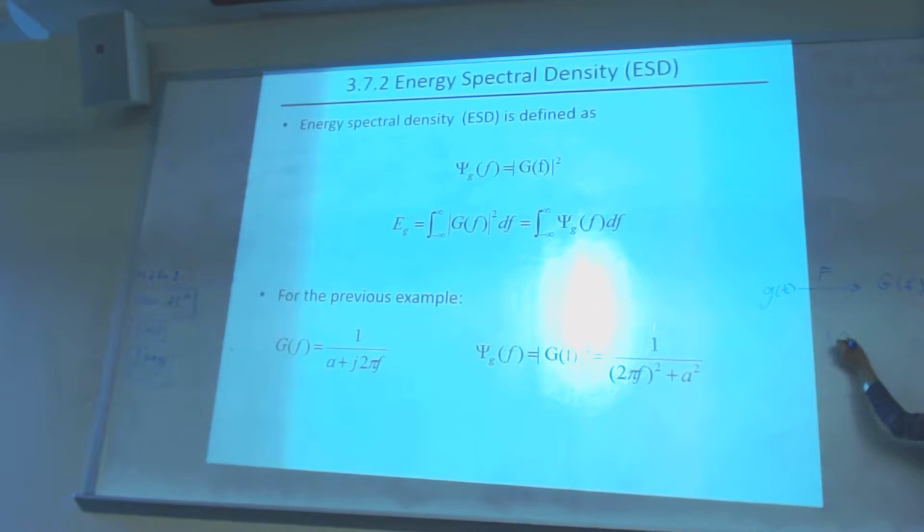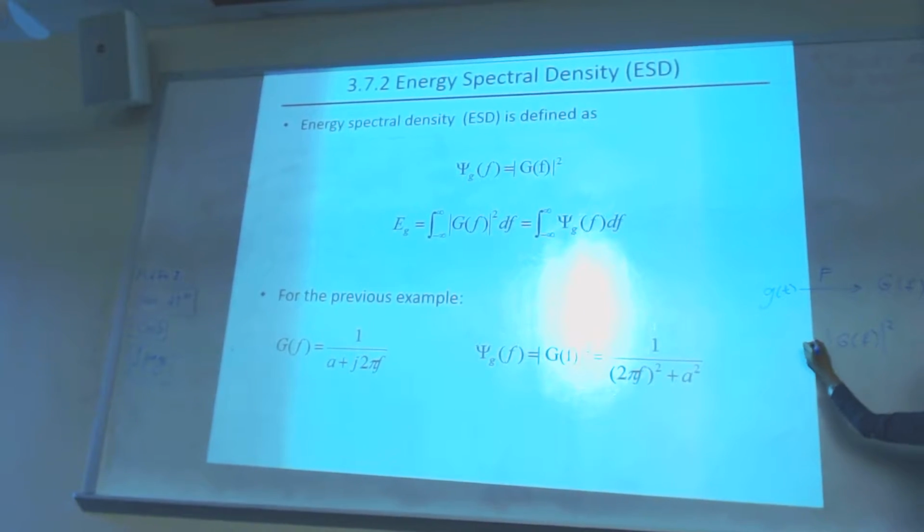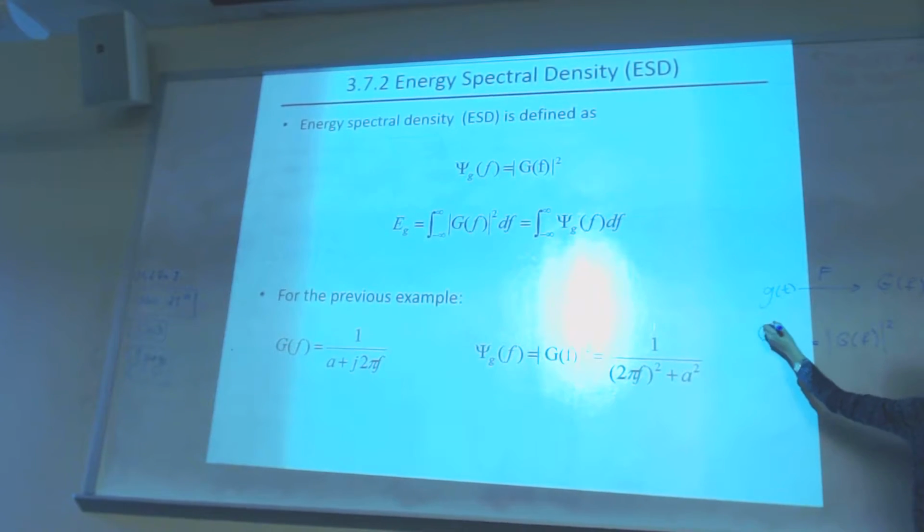Then just look at the magnitude of G(f) squared. Nothing very complicated. Magnitude squared, call this psi_g, a function of frequency. We call this the energy spectral density.